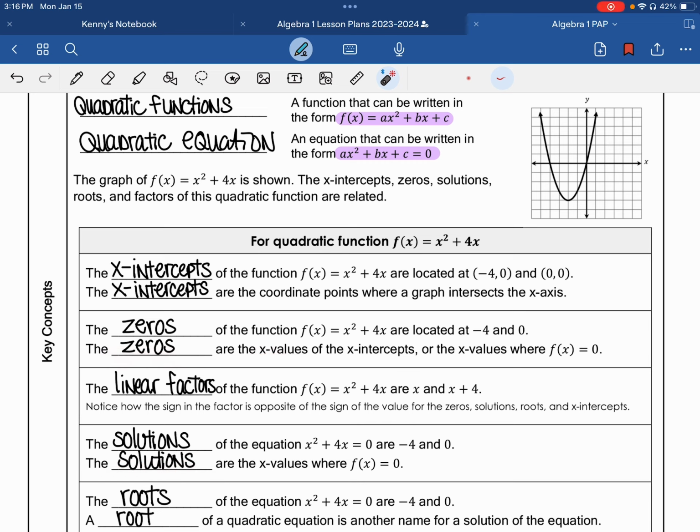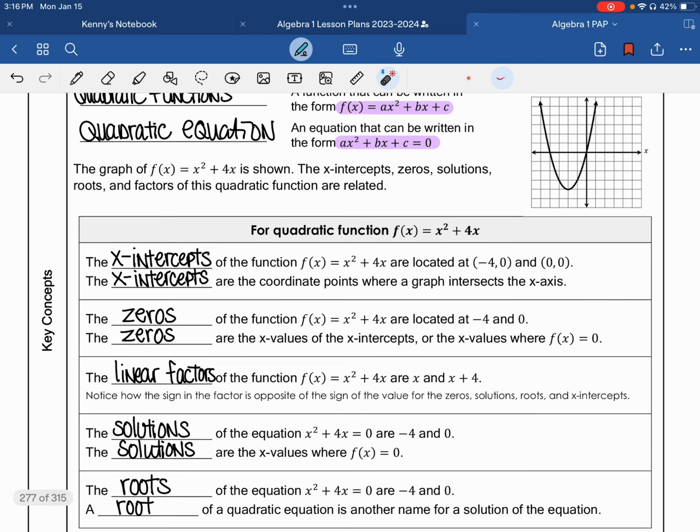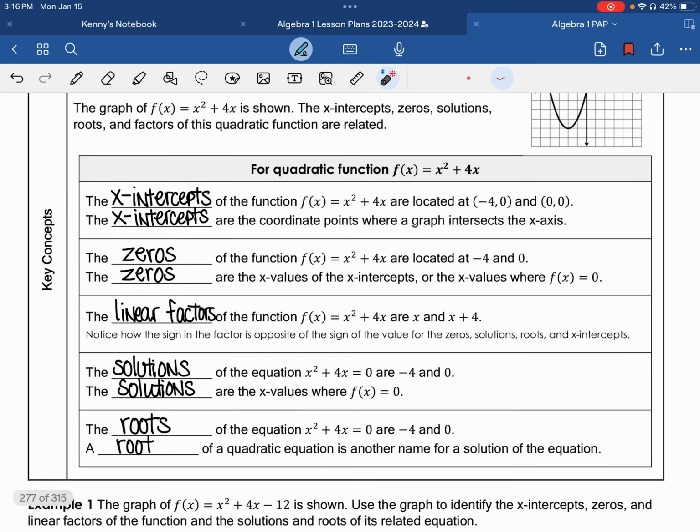So we can find our solutions simply by finding our x-intercepts. The roots of the equation x squared plus 4x equals 0 are -4 and 0. A root of a quadratic equation is another name for the solution.